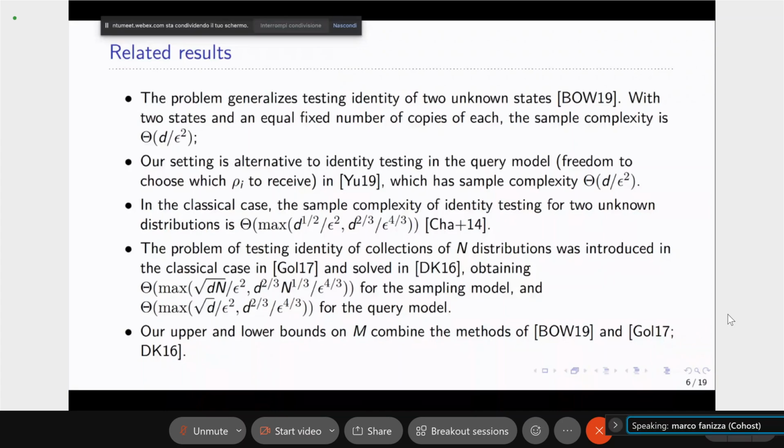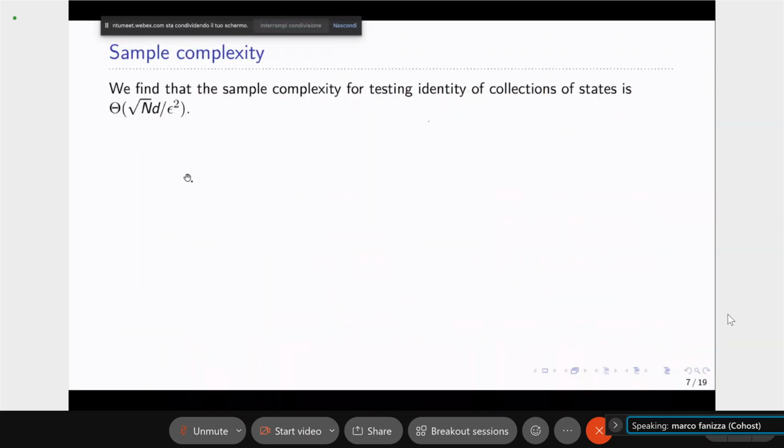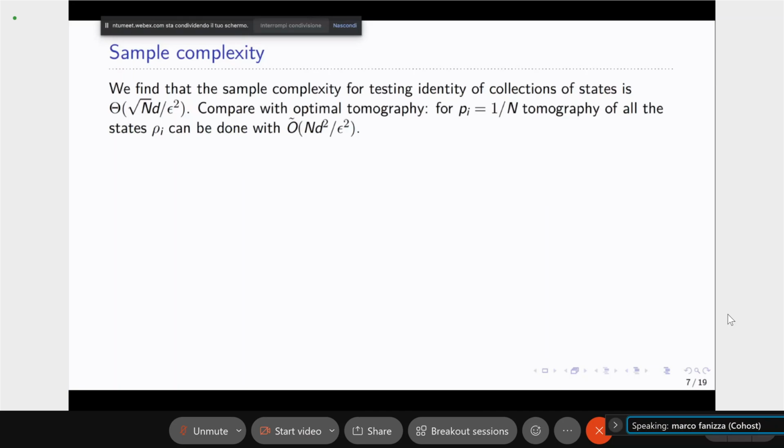And indeed, what we find is that the sample complexity for identity testing of a collection of states in the sampling model is square root of n d over epsilon square, which was somehow expected. This can be compared with doing tomography.